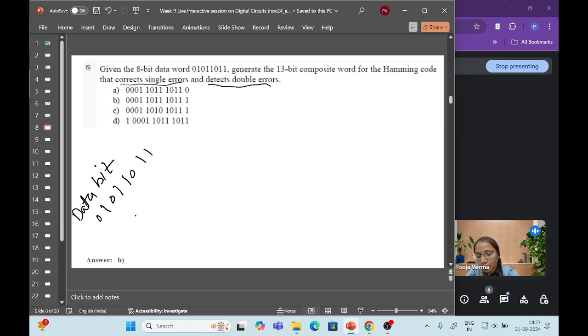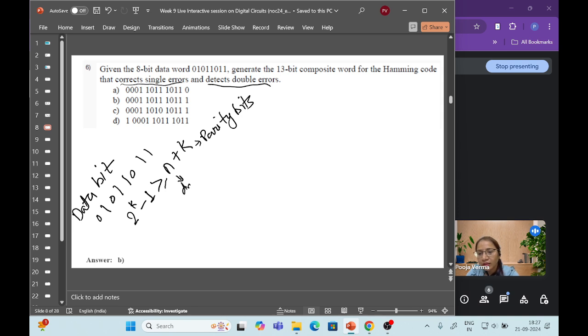In order to find out the number of parity bits we need to add, that is 2 to the power k minus 1 greater than equal to n plus k, where already we know that n is the data bits and k is the parity bits, right?